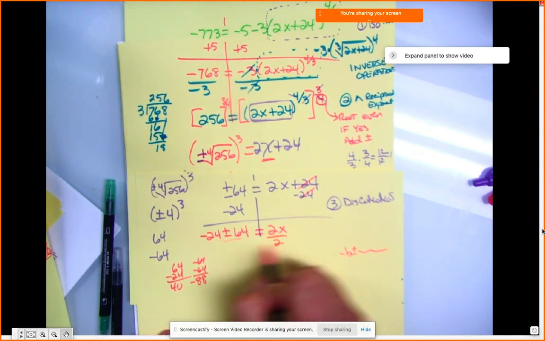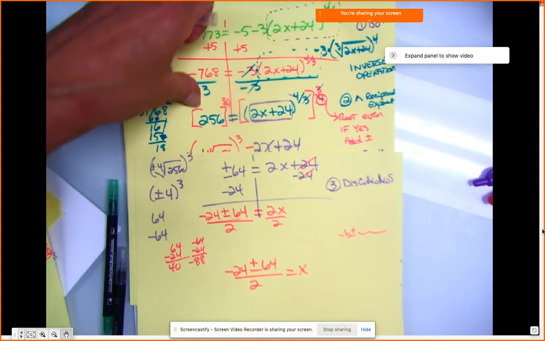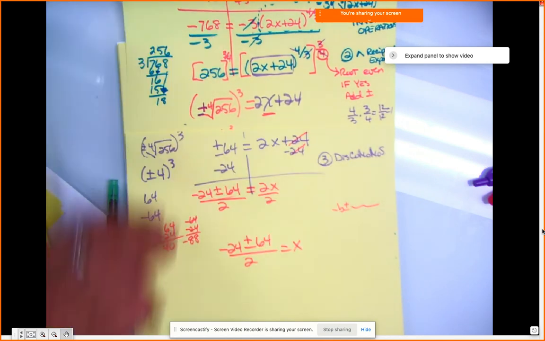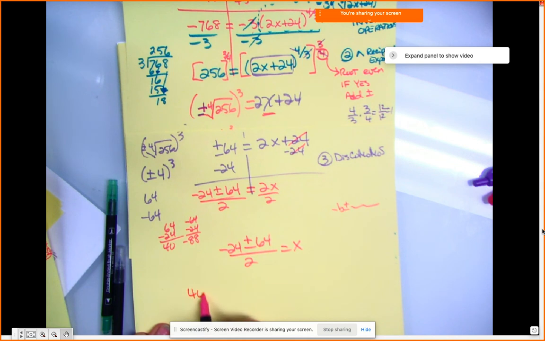Okay, now divide by 2. Now it's kind of like the quadratic formula when we got down to it. Negative 24 plus or minus 64 all divided by 2. Okay, so my 2 answers will come from here. Negative 24 plus 64 we know is going to be 40 over 2 because I did it right here.